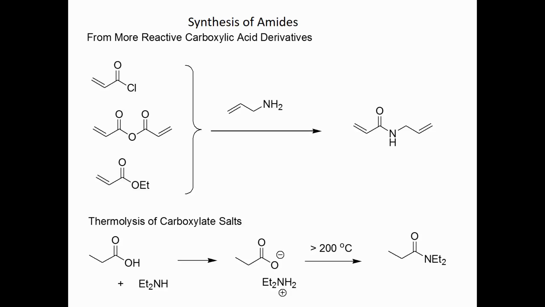Another way that amides can be made is by making a salt from a carboxylic acid and an amine. This gives you the ammonium carboxylate, which if heated to a very high temperature will expel water and make the amide. This is more of an industrial scale amide synthesis.